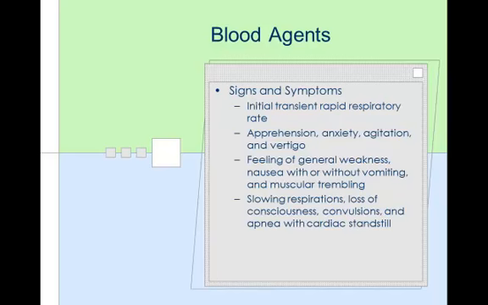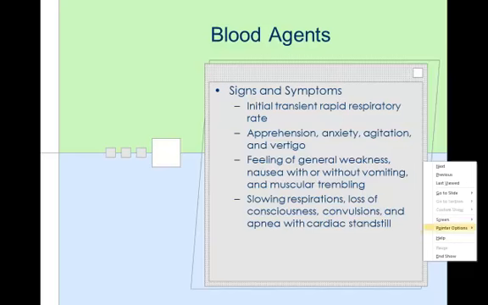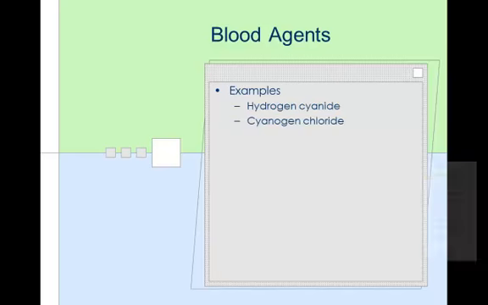Blood agents. Excuse me, let me go back. Blood agents: hydrogen cyanide, cyanogen chloride. Think of your secret agent men who had the cyanide capsule that they kept in their pocket and bit down on.